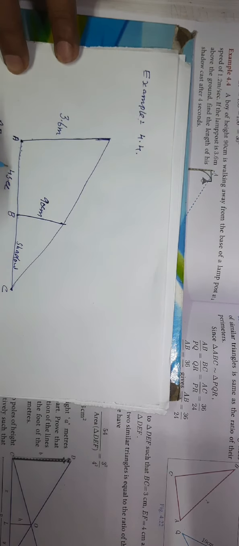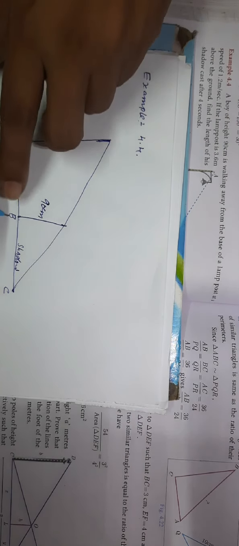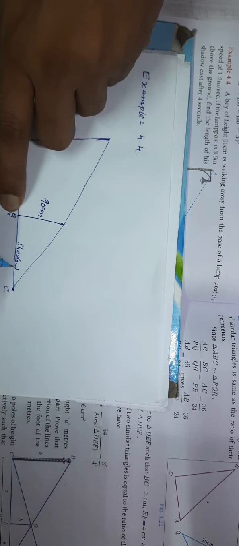Given first the point A, the boy standing here, and he moves to point B. He takes 4 seconds. After 4 seconds he is standing here, and next is BC only.